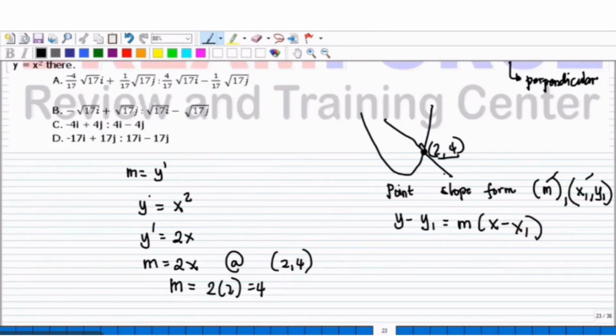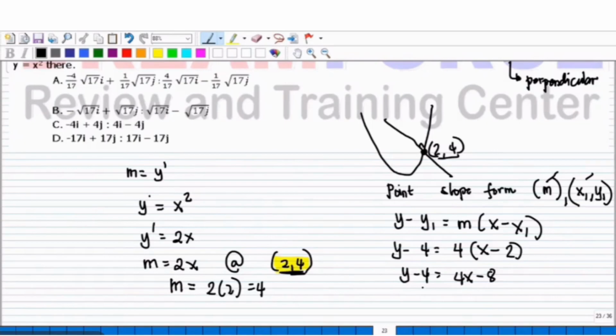So ano po ang gagawin natin dito? So substitute lang. So y minus 4 is equal to the slope, which is 4, multiplied by the quantity x minus yung x sub 1 natin, which is 2. Okay, so point pa rin lang yung gagamitin natin dito. So therefore, this will become y minus 4 is equal to 4x minus 8.